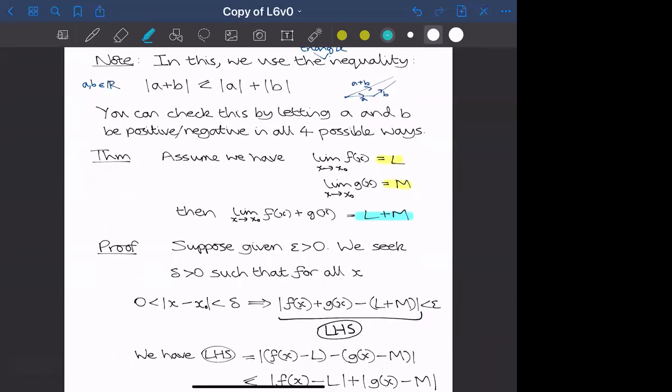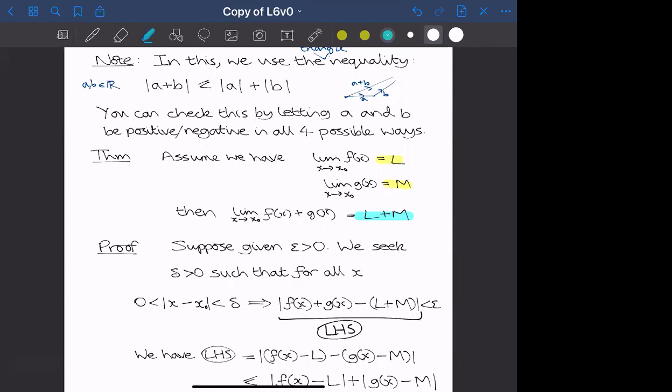So it's a bit more complicated now. We want the difference of f(x) plus g(x) from L plus M to be less than epsilon. So that's what we're trying to prove. And we assume the limit L of f(x) and the limit M of g(x). So how can we use that assumption to prove what we want?